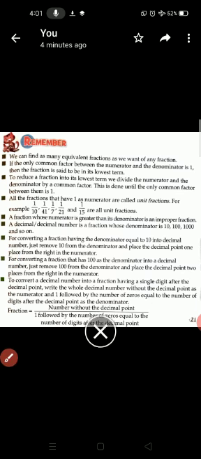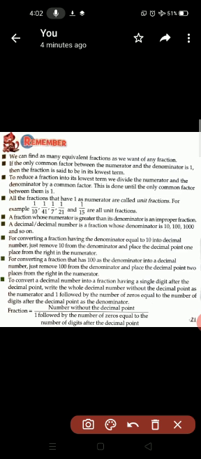So see here, next point. To convert a decimal number into a fraction, write the number without the decimal point as the numerator and 1 followed by the number of zeros equal to the number of digits after the decimal point as the denominator. This also you have seen.